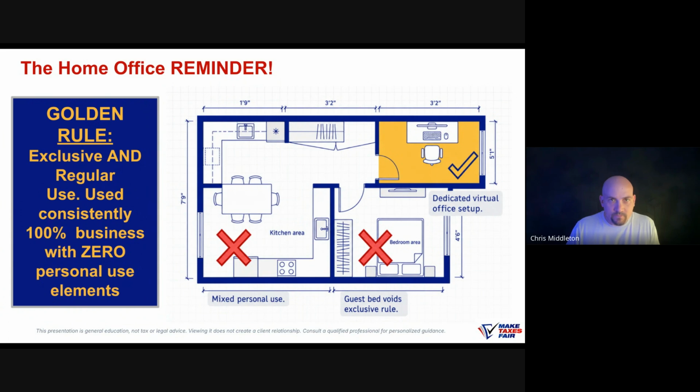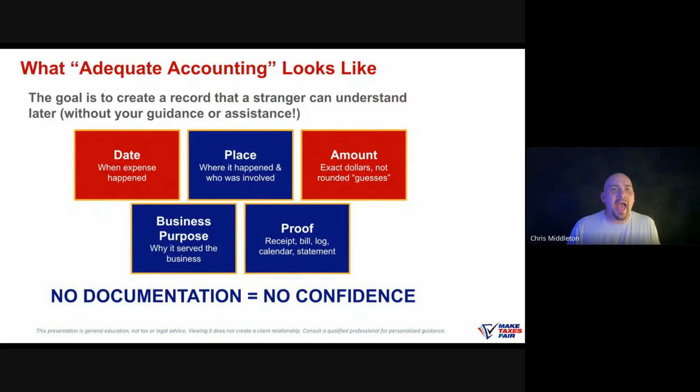Okay. Adequate accounting, what does that look like, right? So the goal is to create a record that a complete stranger could understand later without any input from you, without any, oh, well, this is that, or assistance, right? So date, when it happened, a place where it happened, and who's involved, the amount, exact dollars, not rounding, not guesses, business purpose, and proof.